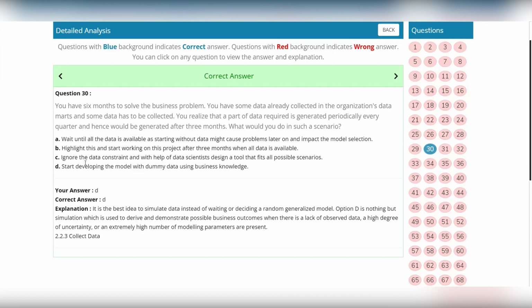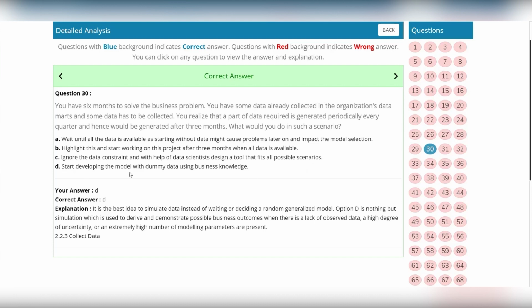More time consuming and not at all cost effective, right? Also, the option suggests designing a model that fits all possible scenarios. It is almost practically impossible to create such a model where we are covering all the possible scenarios.